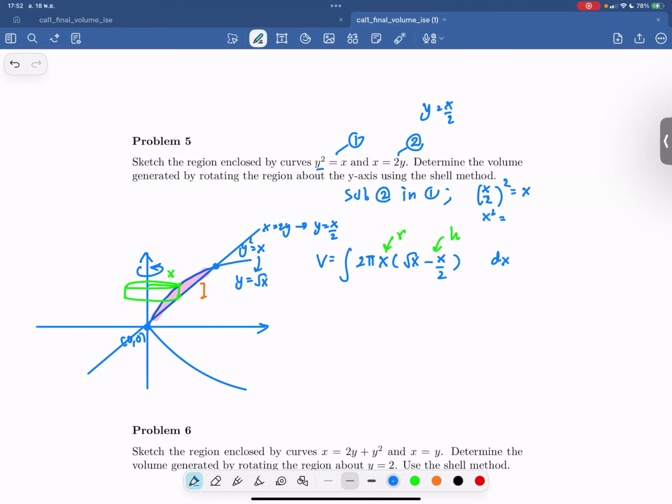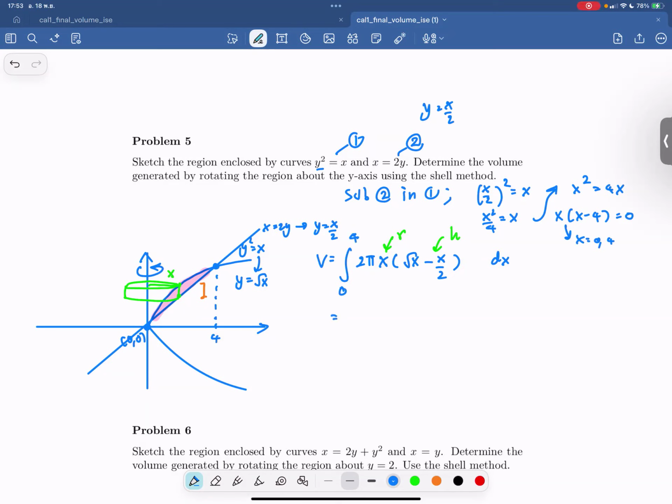So x squared over 4 equal to x, so x squared equal to 4x. x times (x minus 4) equal to 0, and then x equal to 0 or 4. And the boundary of the integral should be 0 to 4.